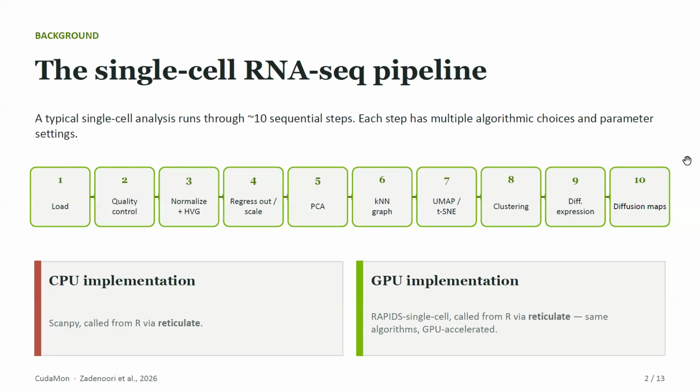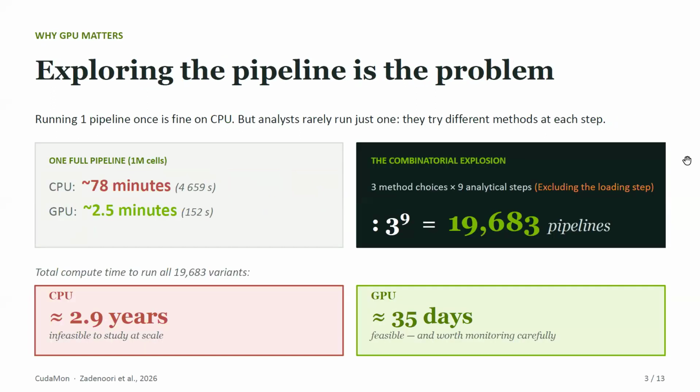For example, different implementations; KNN, for example, could have a number of neighbors that it considers. So there are hyperparameters over these steps. To run this workflow on CPU, the runtime was about 1 hour and 20 minutes. On the GPU side, it takes about 2 minutes and 30 seconds to run it.